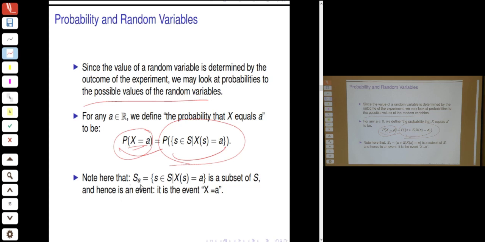So, this set S sub A, which is all the outcomes for which X of s is A, is a subset of S, and therefore, it is an event, and in fact, it is the event that X equals A. As a case in point, if X is counting the total number of heads in the random experiment, then S sub A is the event that in a sequence of n tosses of the coin, there are exactly A heads. Okay? So, this is an example.